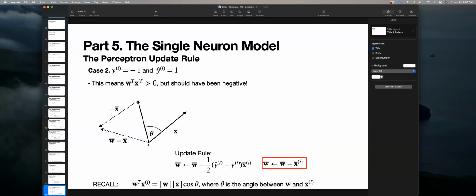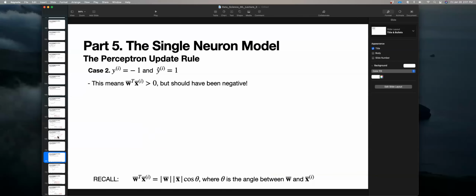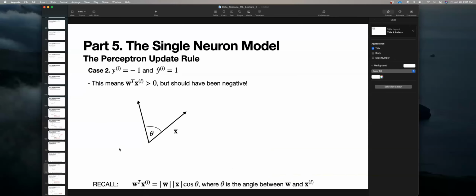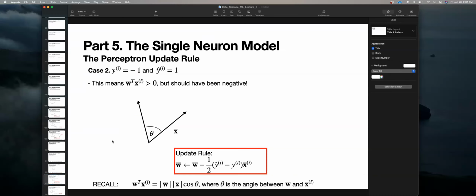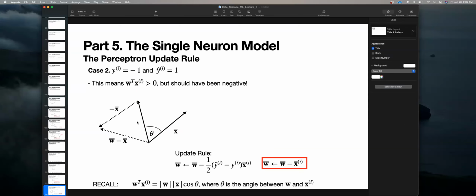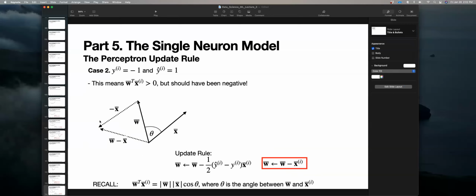So if this was w right here, right? Did w appear? Where is it? Let me grab it real fast. Come back to my picture. Yeah, this is w right there. So going back to the update rule, I apologize for that. We see that we're going to modify w by changing it to be w minus x. So if here's w, there's minus x, and we add those together.